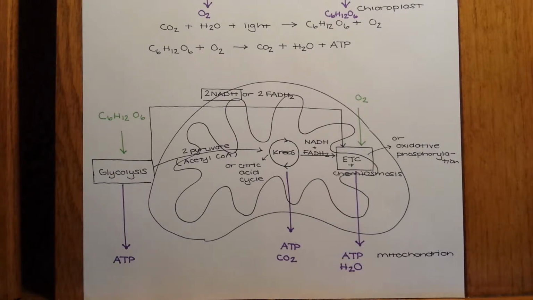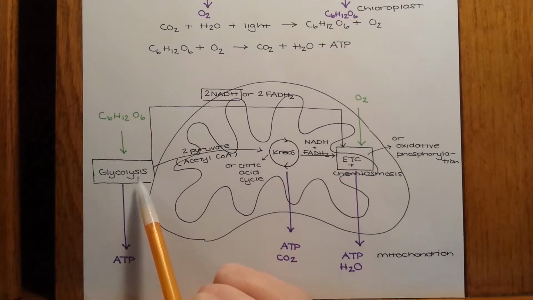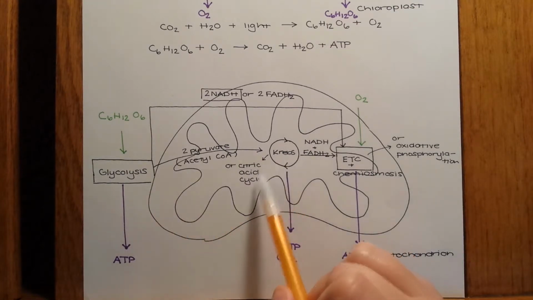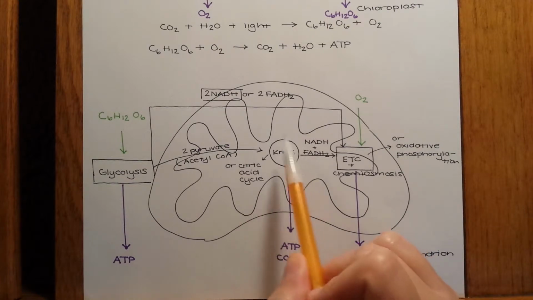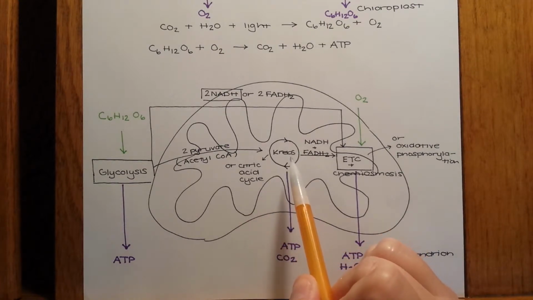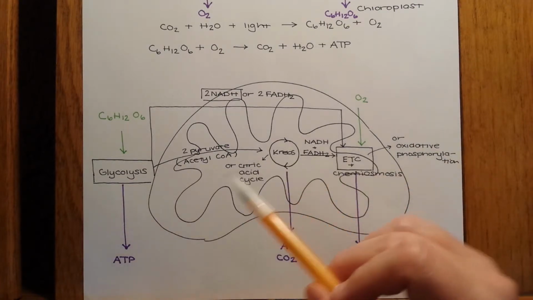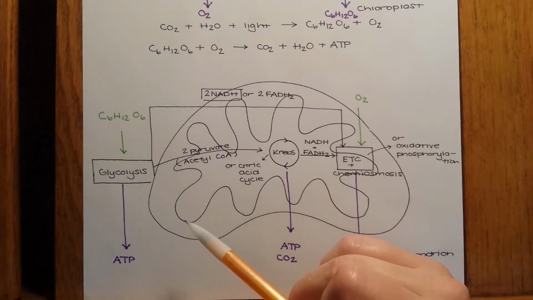I did try the best I could to make these also accurate in terms of where those stages are taking place. So glycolysis takes place in the cytoplasm or cytosol. The Krebs cycle or citric acid cycle takes place within the mitochondrial matrix, the very, very inner part. So you have outer membrane, inner membrane.